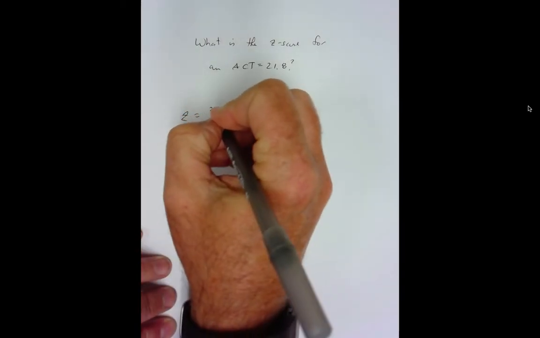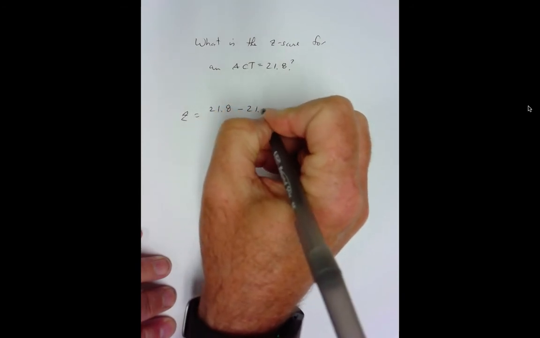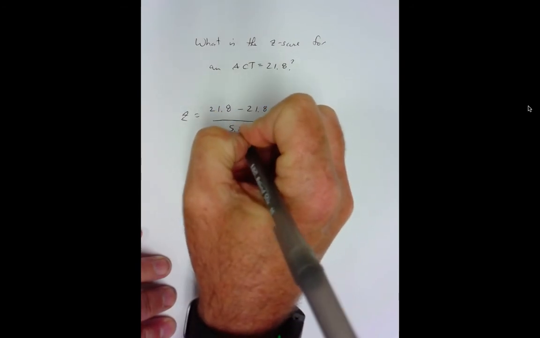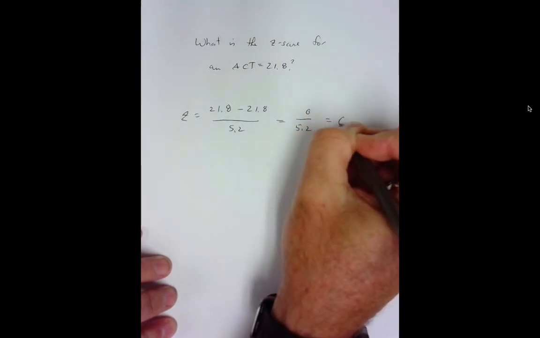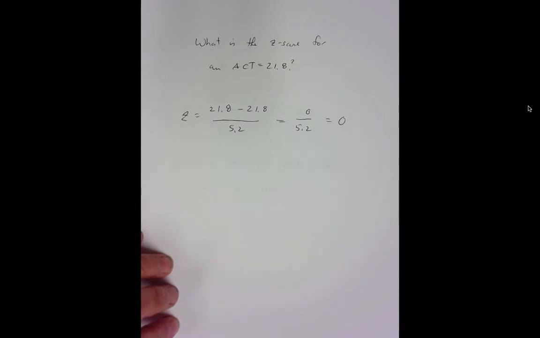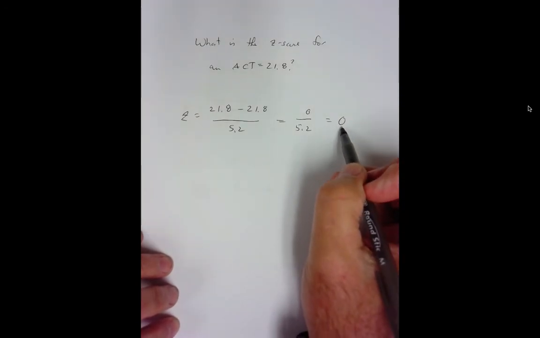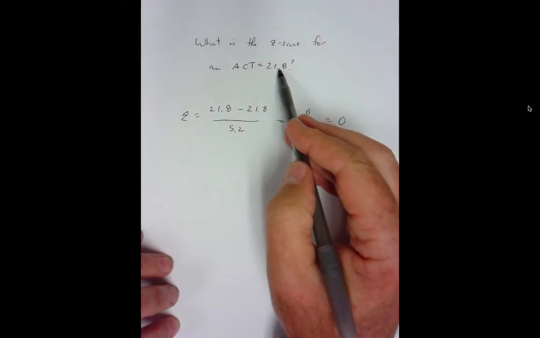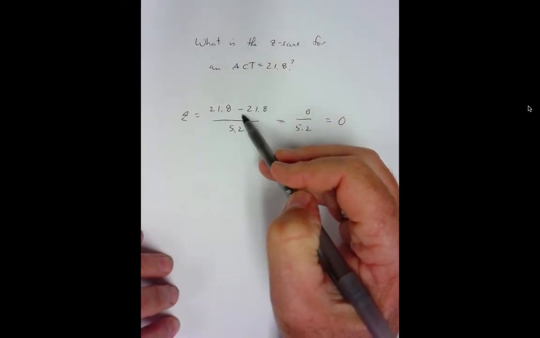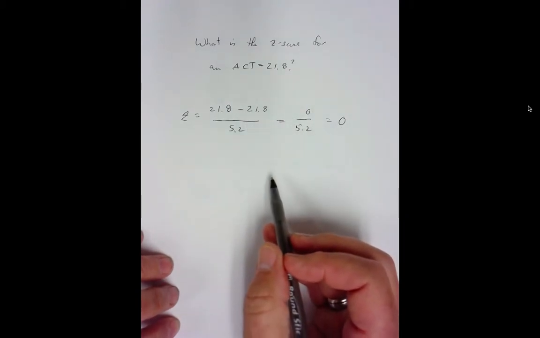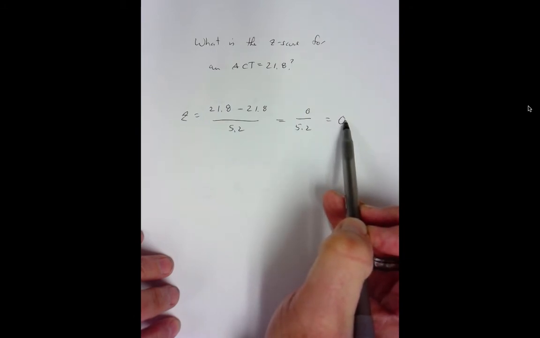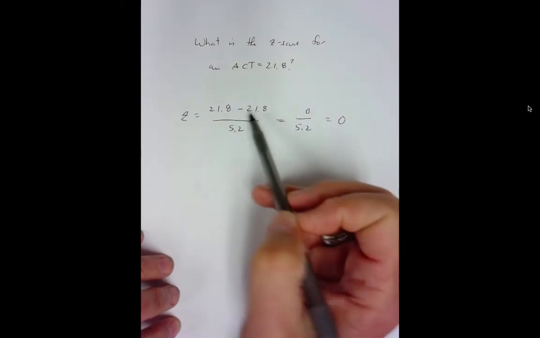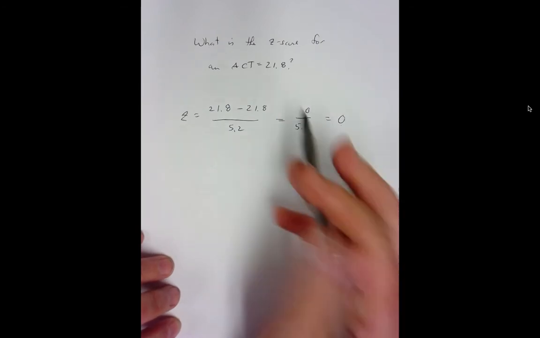So our z-score is 21.8 minus the mean of 21.8 divided by the standard deviation of 5.2 is 0. So this tells us that the score is no standard deviations above or below the mean because the score is exactly the same value as the mean. So our interpretation, we would say that an ACT of 21.8 is 0 standard deviations above or below the mean.